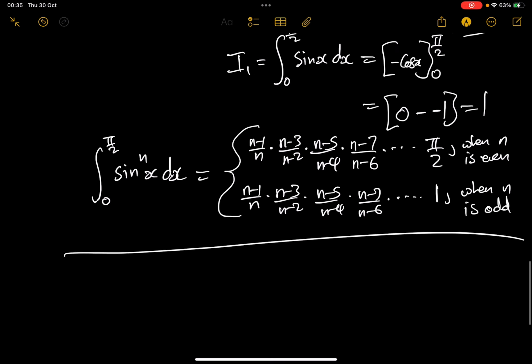So this is your solution if you have the limit of integration. So this is your solution for sine. You do the same thing for cos, you do the same thing for tan. You determine when n is even, when n is odd, and then you just write your iteration.